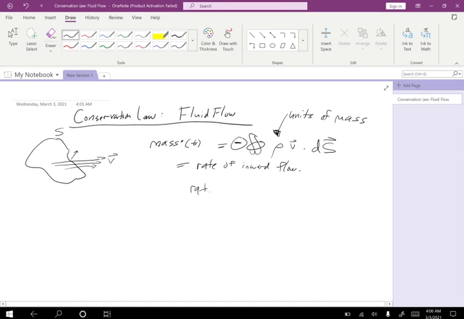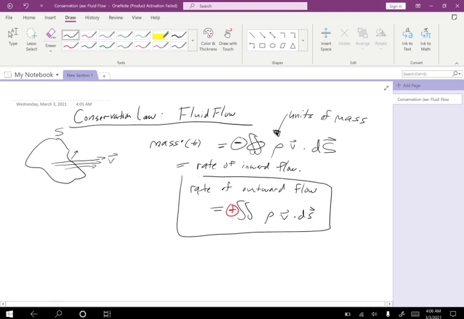And the rate of outward flow is actually going to be minus this. So it'll just be that rho v dot dS, no minus sign. So let me unpack all of this, including that minus sign.